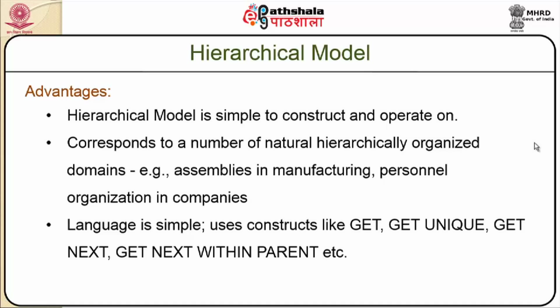For example, assemblies in manufacturing, personnel organization in companies from the CEO to the developers and the low level authorities. The language used here is very simple and uses constructs like get, get unique, get next within parent, etc. When it is constructed as a tree, there is an obvious relationship of a parent and the siblings, or the parent and the child. So, anything that is to be got sometimes requires the parent details also.